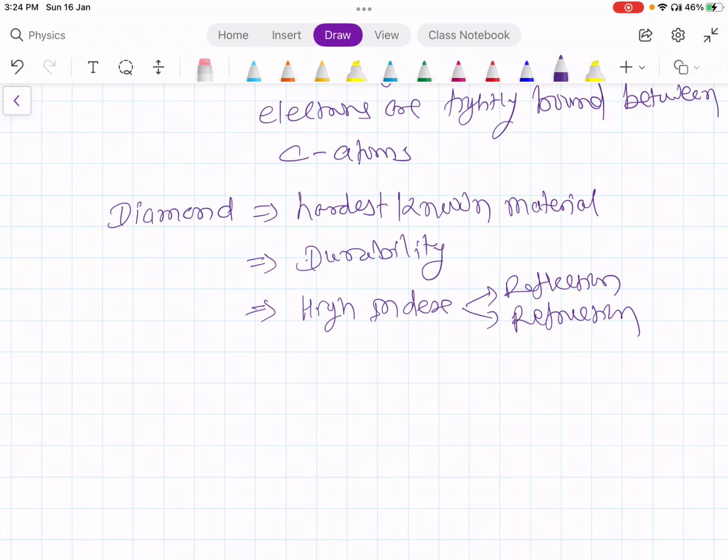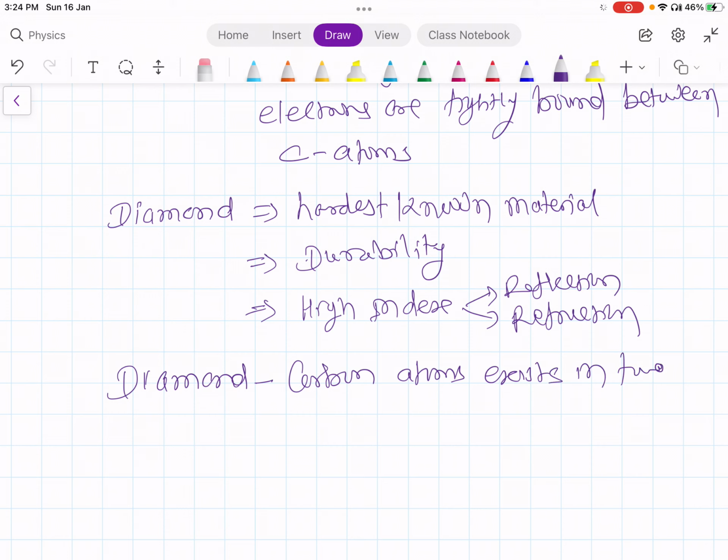But the carbon atoms in diamond exist in two crystal forms: one is cubic and another one is hexagonal.